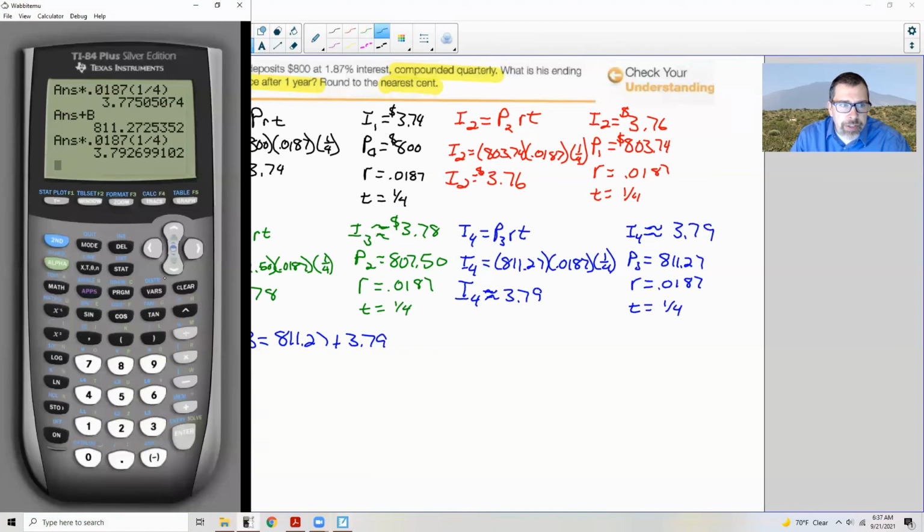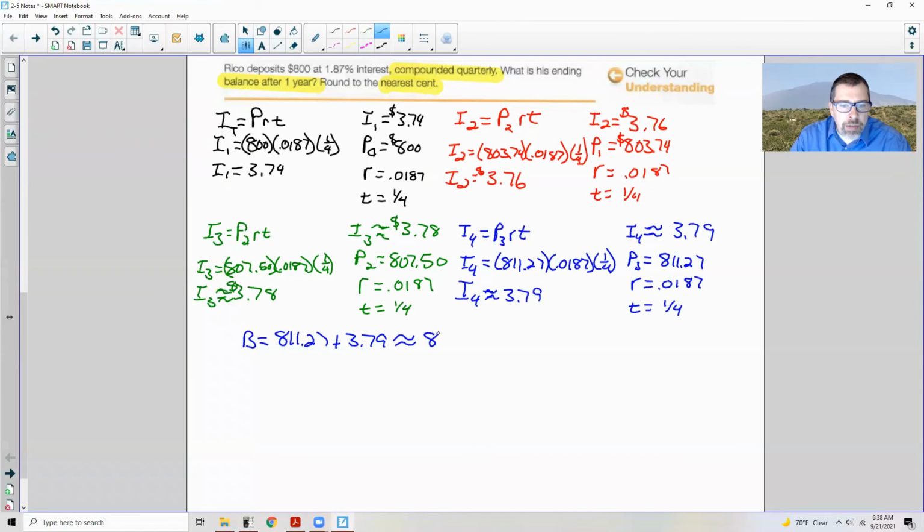So if I use my calculator, I'm going to use more digits, 811.27, and I want to go out a little further just to see if that penny matters. 25352, enter. And I got 815.06, and that 0.5 rounds up to 07. So it'd be approximately $815.07.